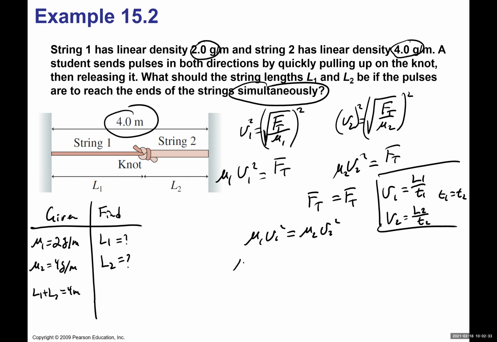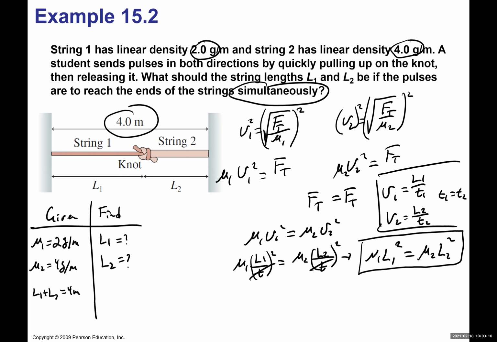So I can come back and say mu1 times L1 over T, squared, equals mu2 times L2 over T, squared. Since time 1 equals time 2, I can get rid of the time. What I end up with is mu1 L1 squared equals mu2 L2 squared. And this is what I want.